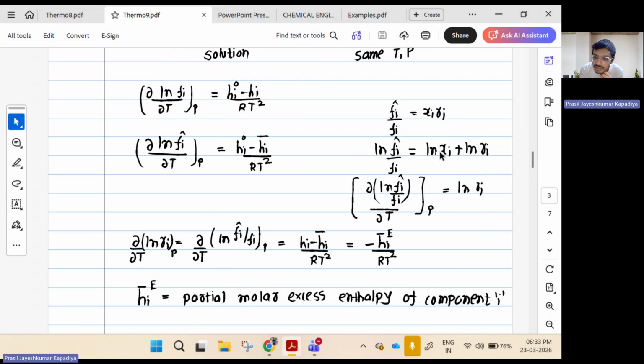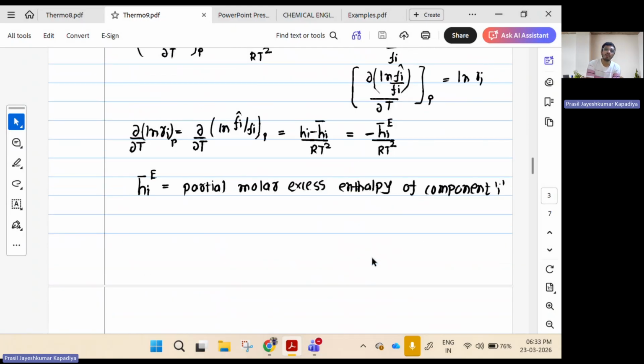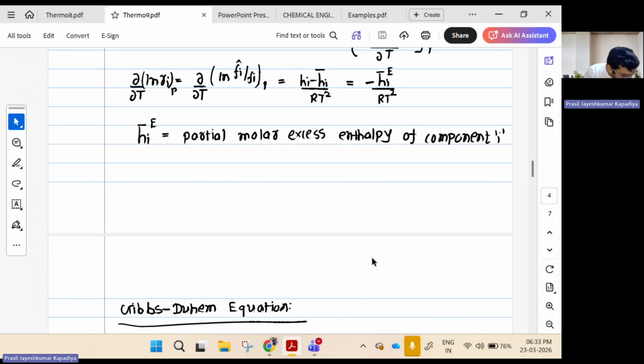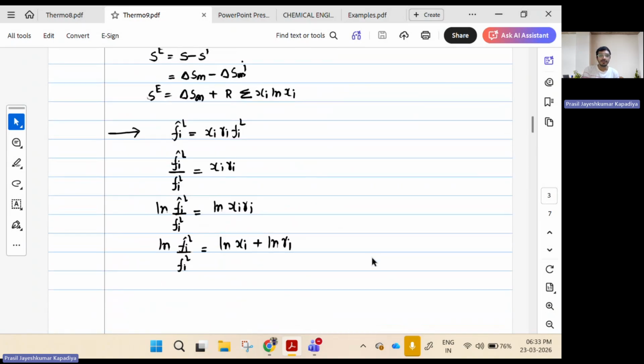Okay, so this term is going to cancel out, so we are only left with ln gamma i. So del T of ln gamma i at constant pressure is nothing but minus Hi bar excess divided by RT square, which is the partial molar excess enthalpy of component i. Okay, so this is what we studied about the effect of temperature and pressure on activity coefficient.